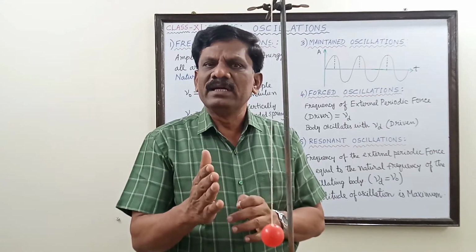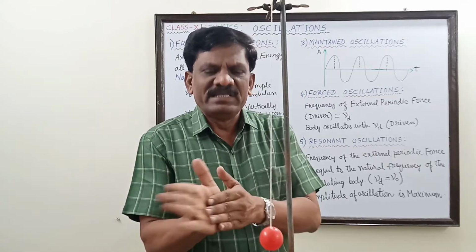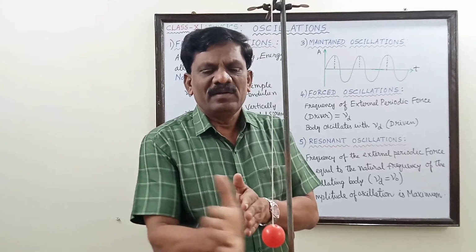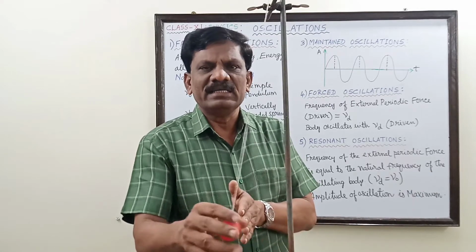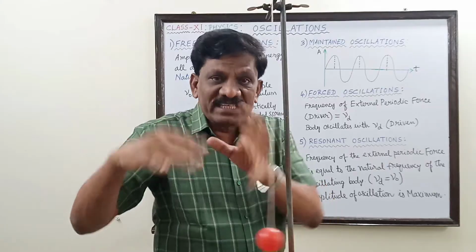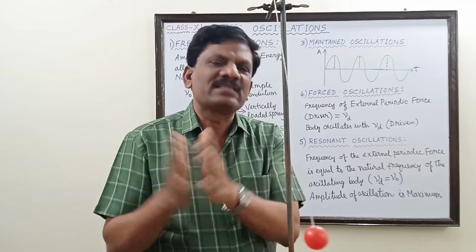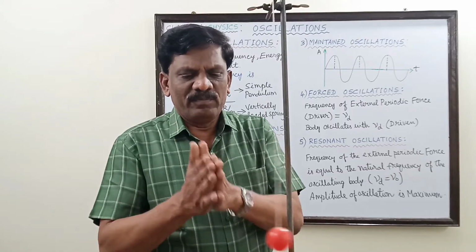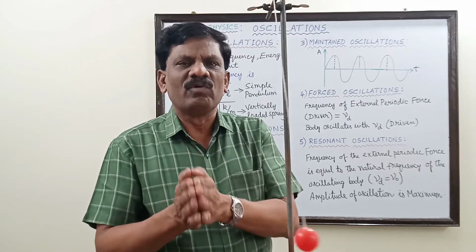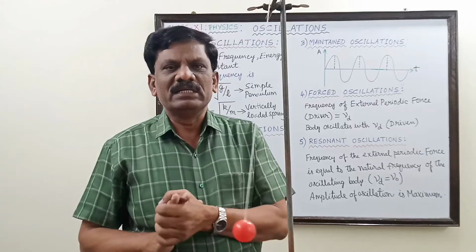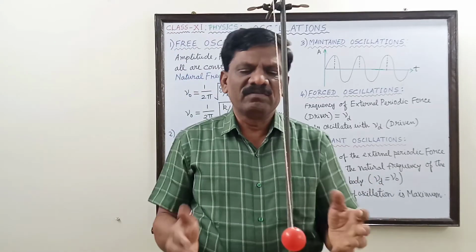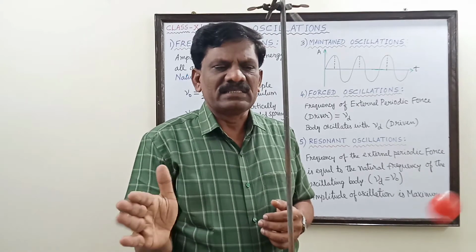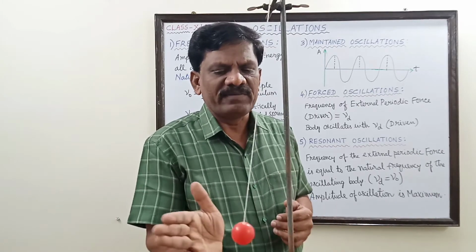See, I told you that the number of beats per second, or the number of intervals the ball is hit per second, is different. By chance, if the frequency of the external periodic force matches with the natural frequency of the system, now what is going to happen? The external periodic force is having a frequency.